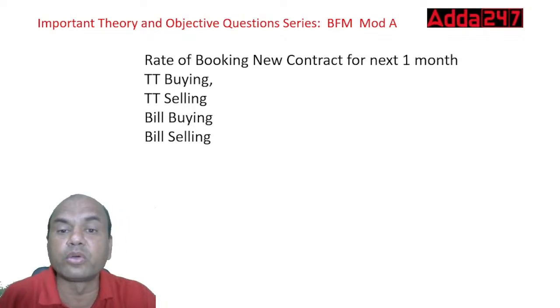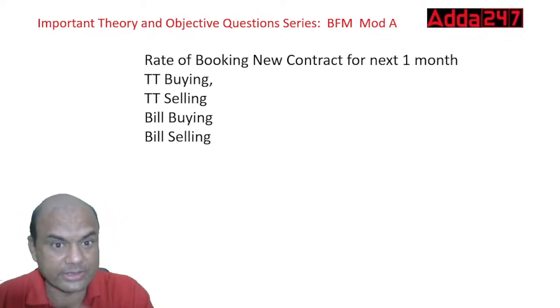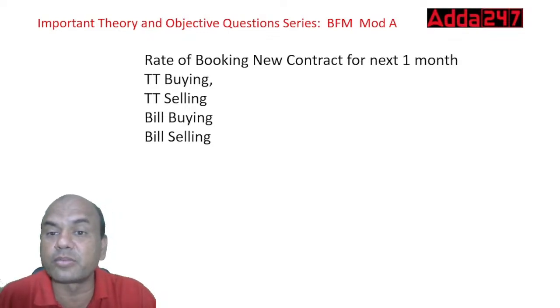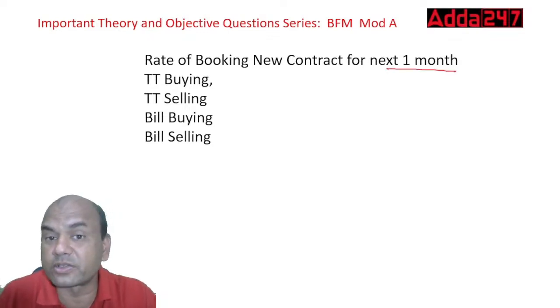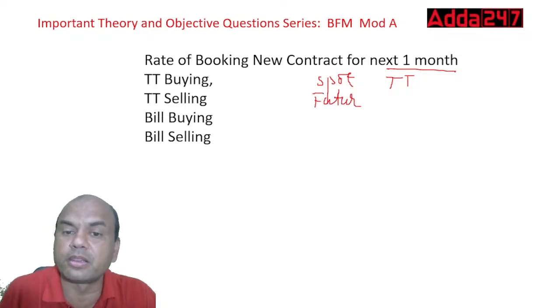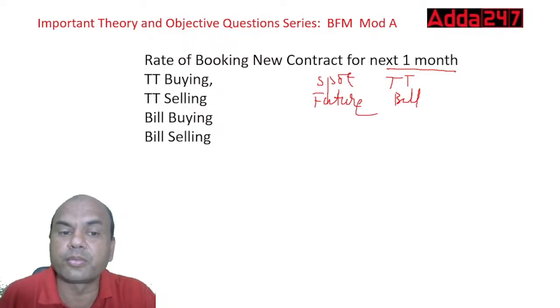Rate of booking a new contract for the next 1 month is TT buying, TT selling, bill buying, bill selling. Here, the next 1 month I want. Just now I told you, spot transactions will always be done at TT, whereas future transactions will always be done at bill. So it will be done at a bill rate.